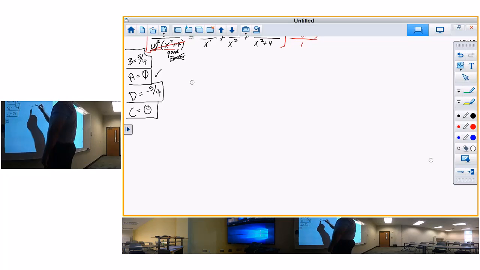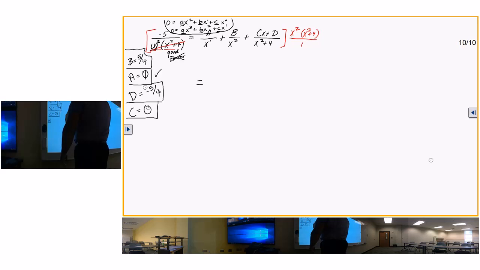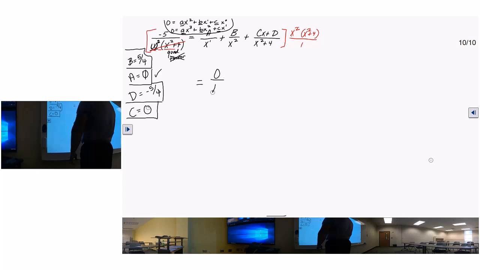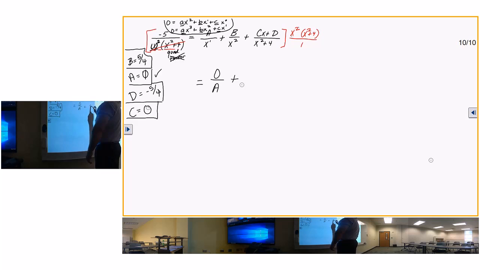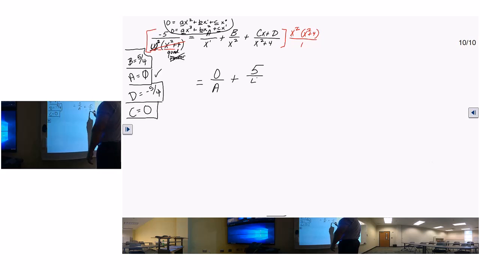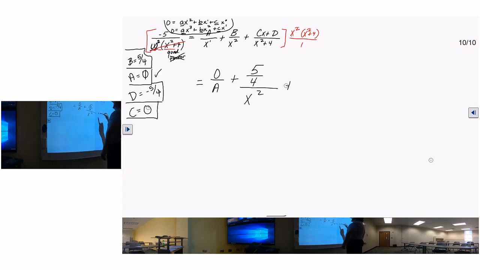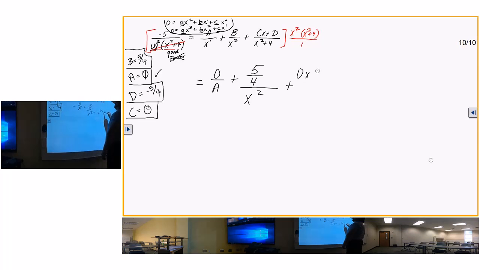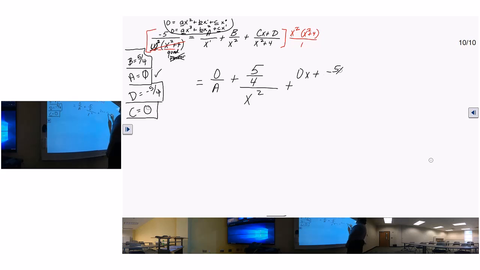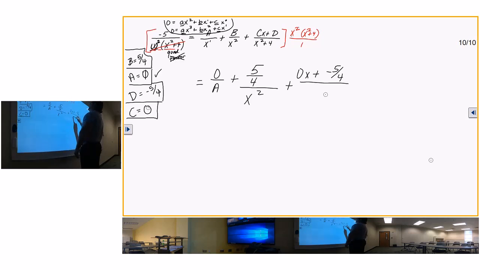Equals, what's A? 0 over x. Well, we're going to fill in everything so everybody can see what's going on. 5/4 over x squared plus C, 0 over x, plus negative 5/4 over x squared plus 4.